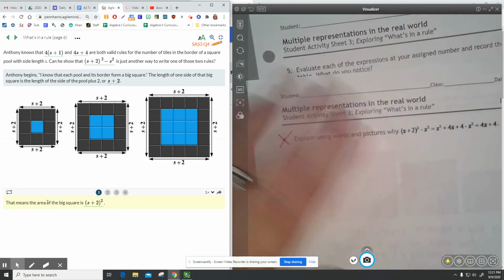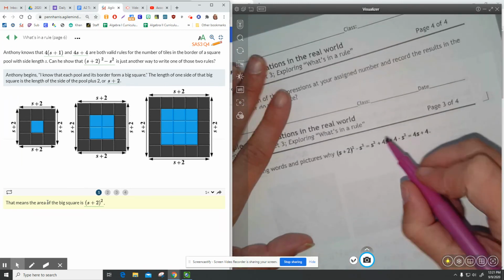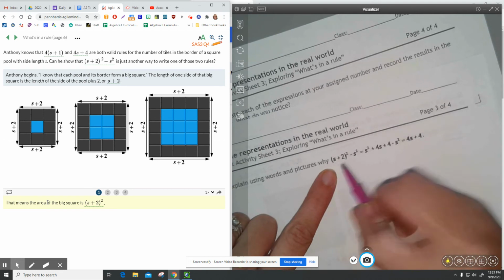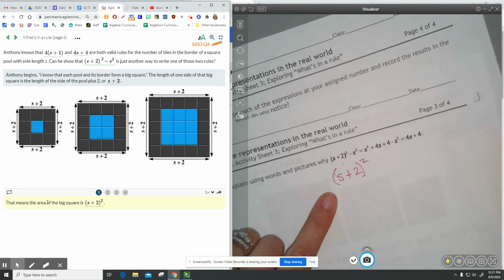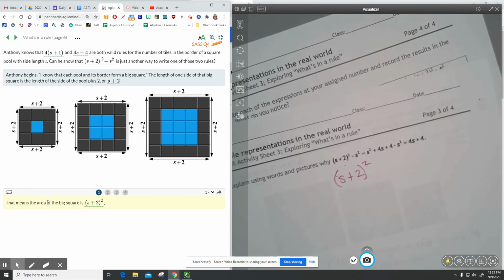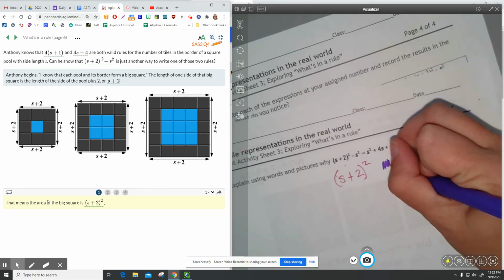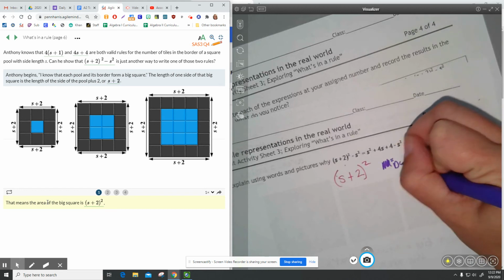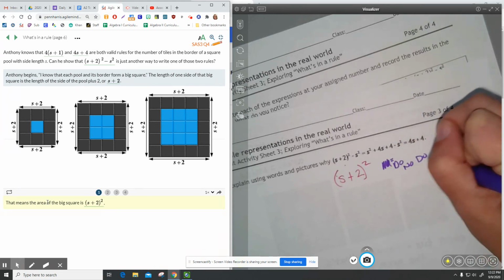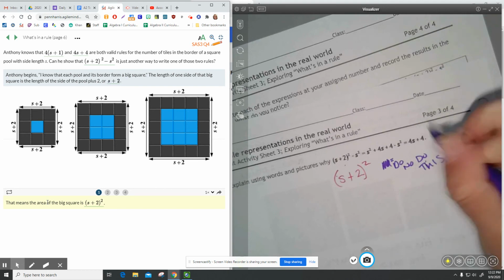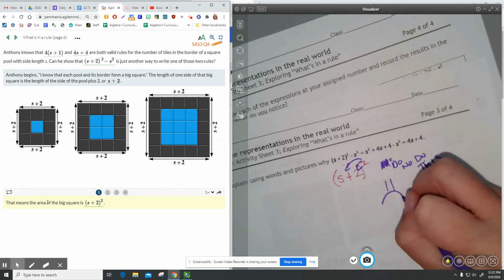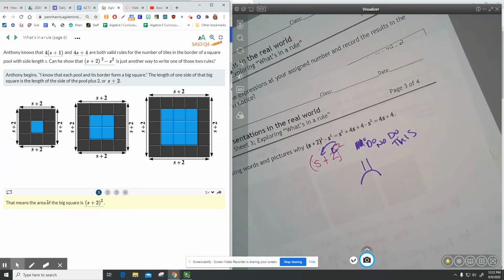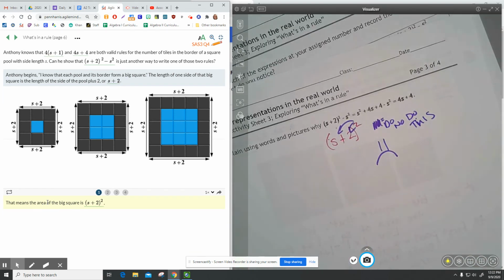What I do want you to know with this, how they expanded this out, what (s plus 2) squared means, I'm going to put this in purple: do not do this. Do not distribute that. No, no, no, no, no. I'm going to put a big sad face. You may have done something like this already in previous years, but probably not.